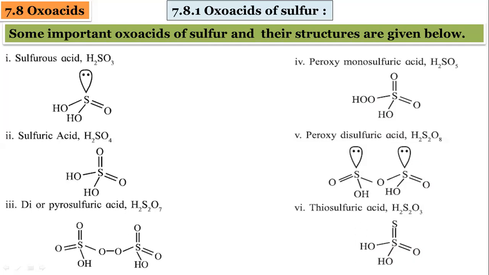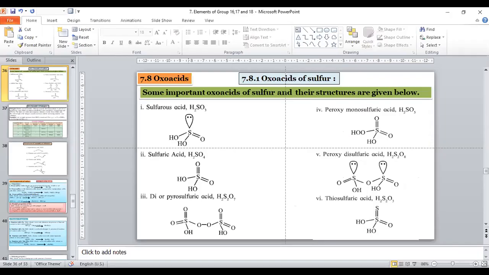I will make a correction in the structure because there are 8 oxygens. 1, 2, 3, 4, 5, 6, 7, 8. So this is a wrong structure. H2S2O7. I will show the structure.